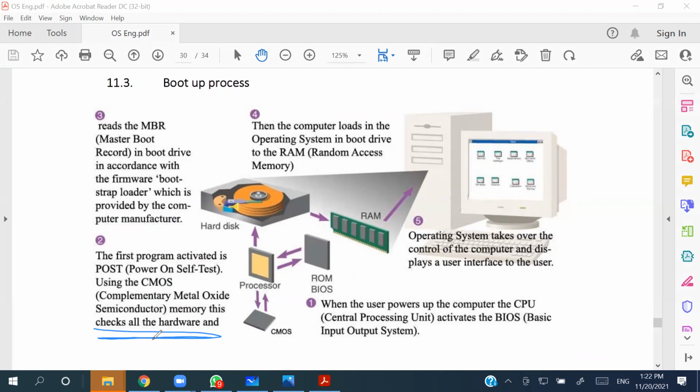And other components, other peripherals, we check all the hardware and other peripherals, like mouse and keyboard and all these things.